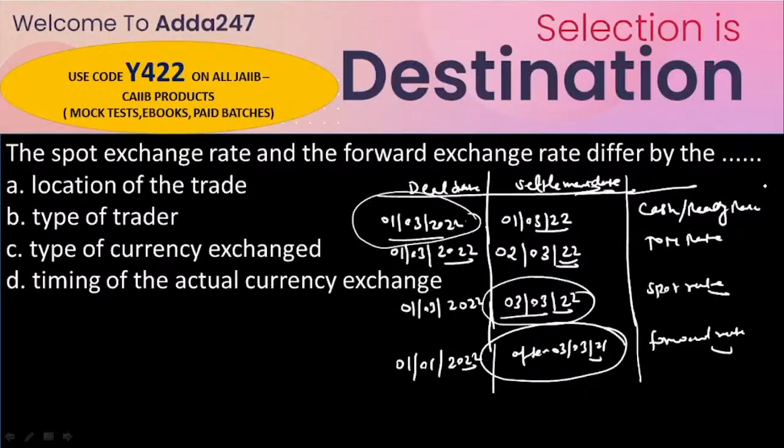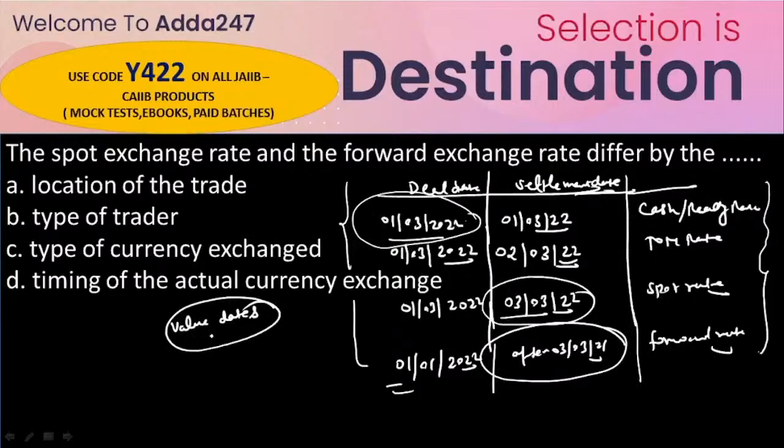Okay, so this is the basic concept behind the exchange rate. And you always have to understand the concept of value dates by the example I just explained here.